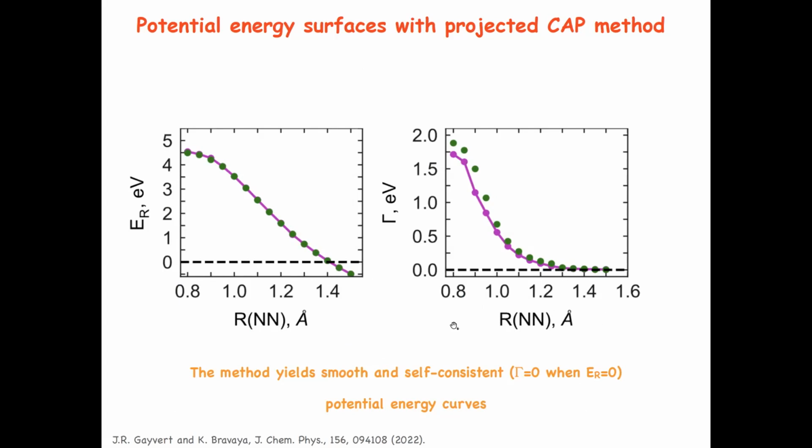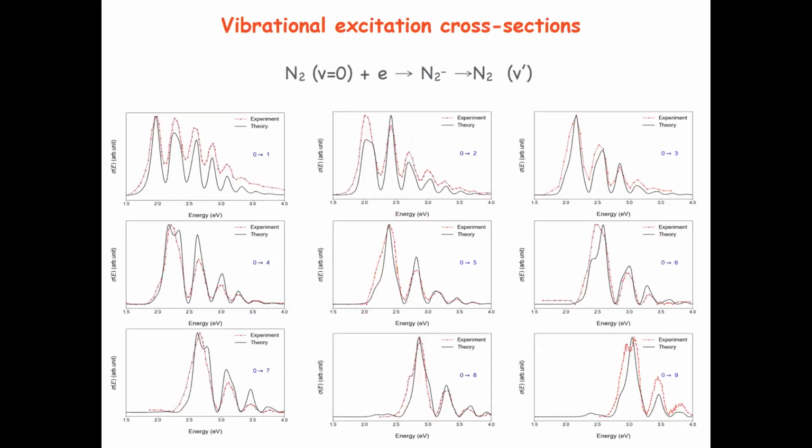These are actually the results of multi-reference perturbation theory calculations. We see that the resulting potential energy surfaces are, A, smooth, and B, self-consistent in a way that their widths become 0 when their resonance energy becomes 0. So when the resonance becomes stable, the widths become 0.